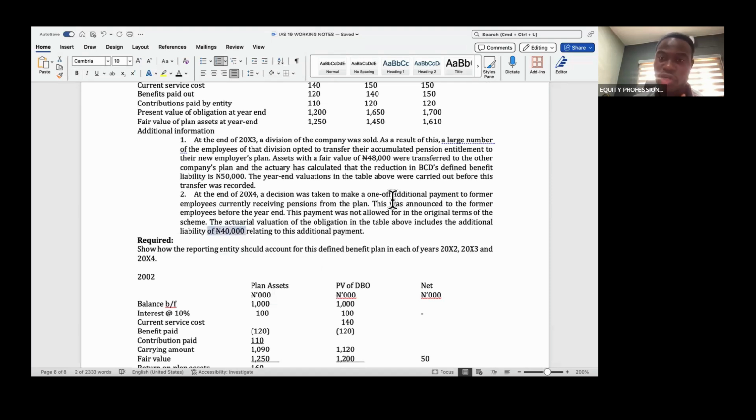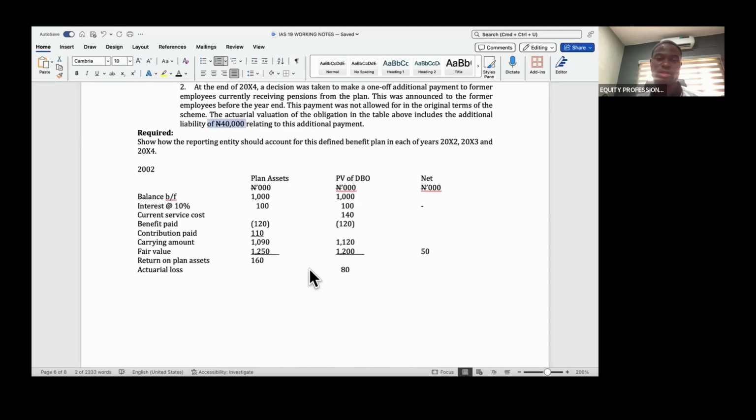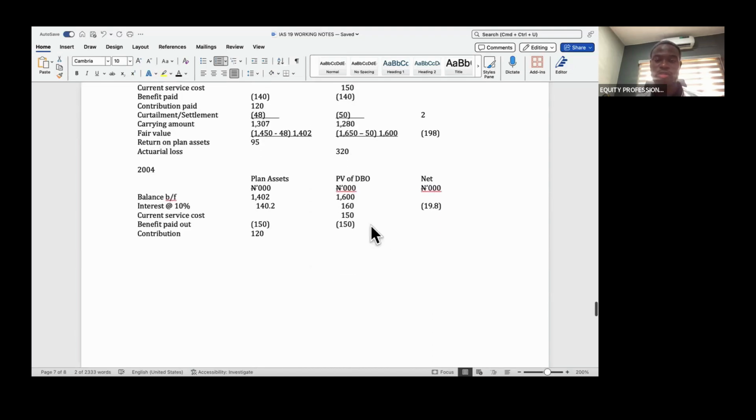Therefore, it's a past service cost because there is an additional payment to former employees, an additional plan to them. So when there is a change in obligation as a result of an amendment, then that's a past service cost. So this 40,000 is a past service cost.